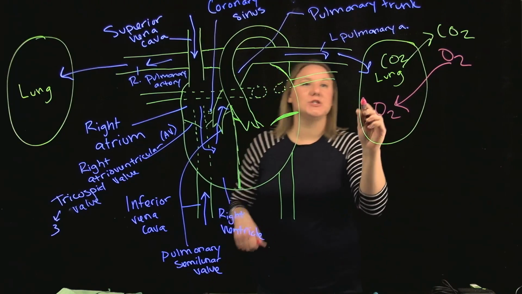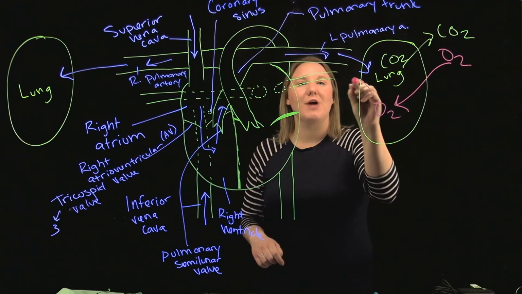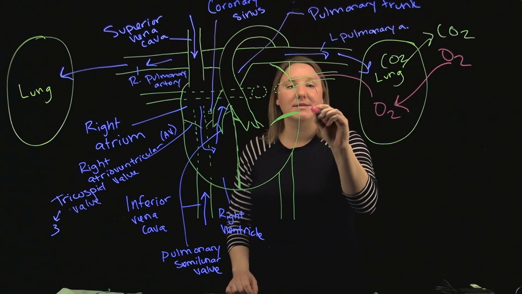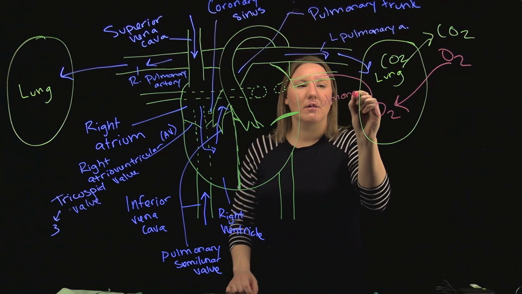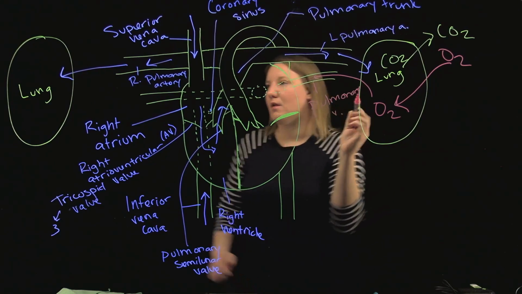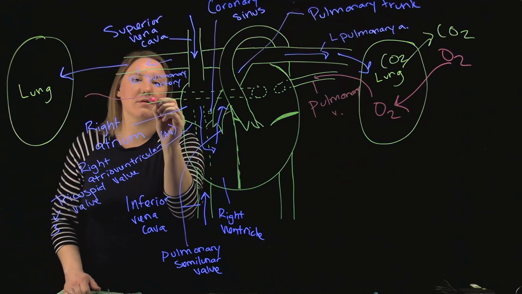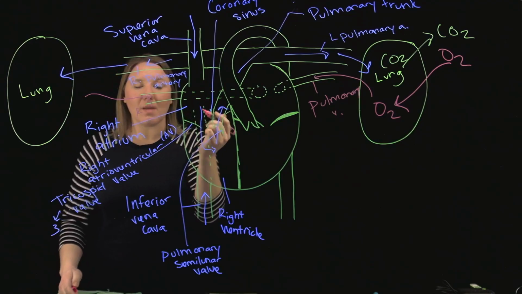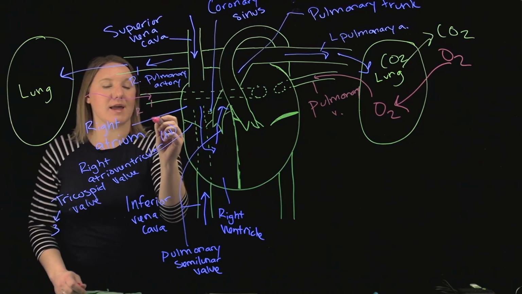All right, this high oxygen blood is then going to travel back to the heart in pulmonary veins. And these are going to be bilaterally symmetrical. We have them on the right and the left.